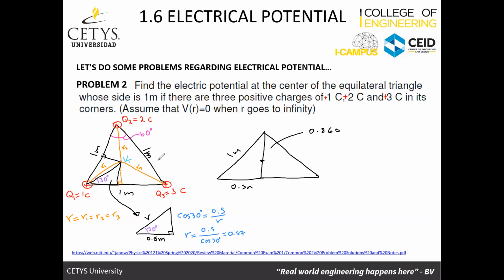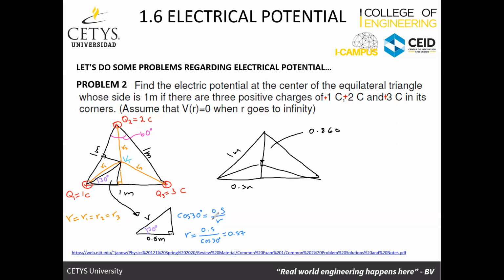Okay, and for the center we got 0.57, which would be a little bit lower than this one, if you think about the middle, right?